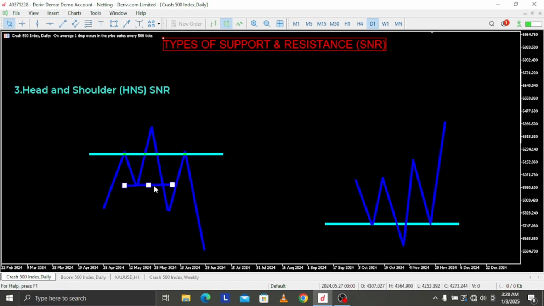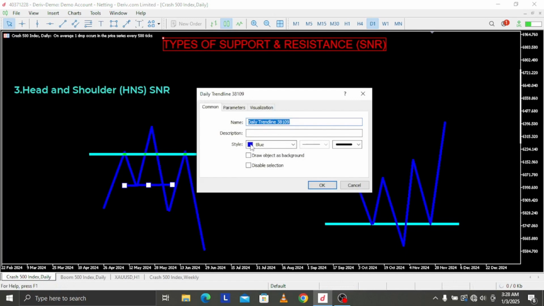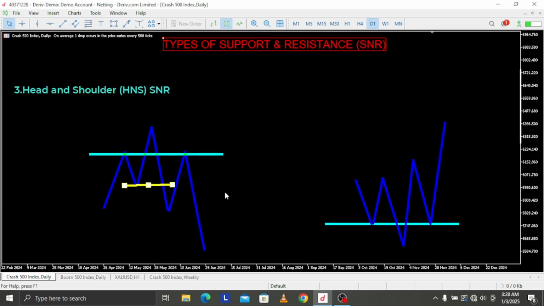So right here we have what? We have a break of what? Break of a structure point at this particular area, because this is also another perfect SNR level that we're going to discuss in the next video. So we have a break of a structure point at this particular point when the price was coming from the top right here and going down.